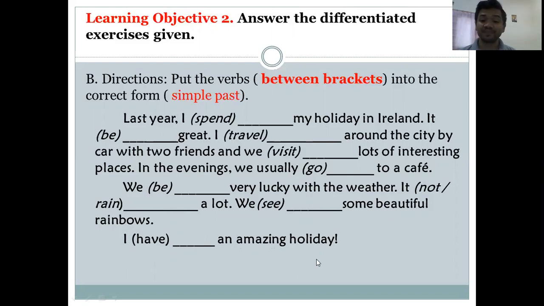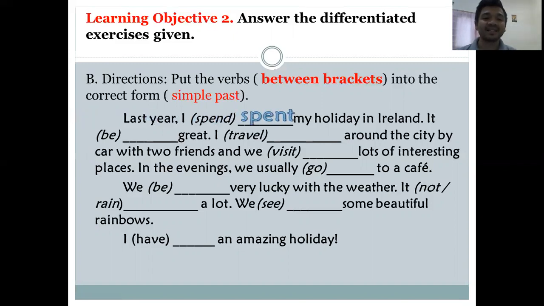Now this time, let's apply what you just previously learned in my discussion. So let's start with number 1. Last year I spend. So what is the simple past of spend? Fantastic. You will say spent.